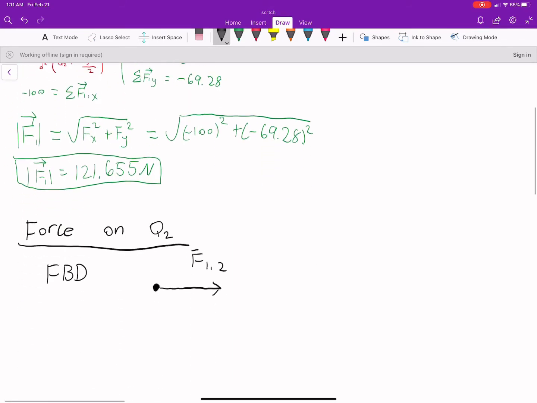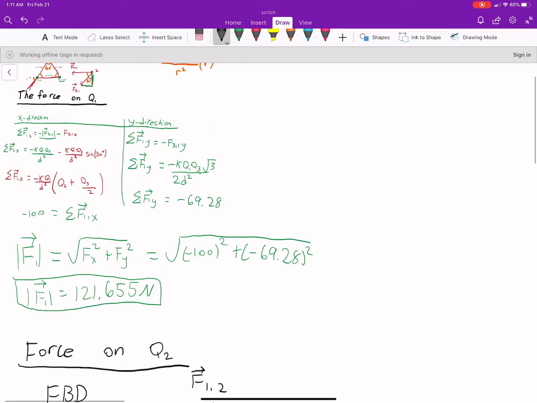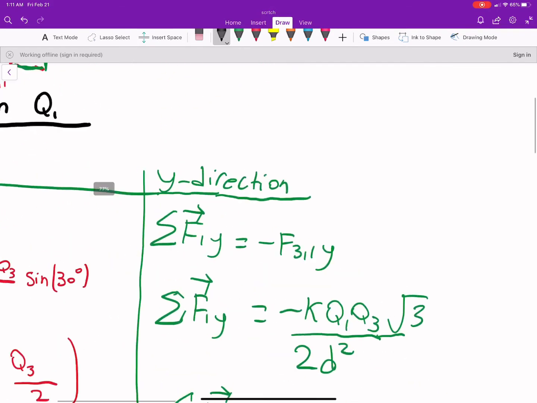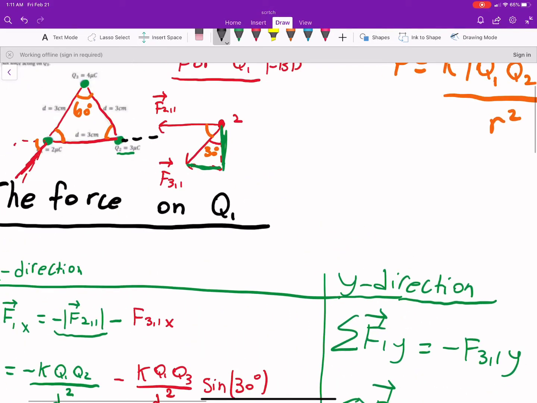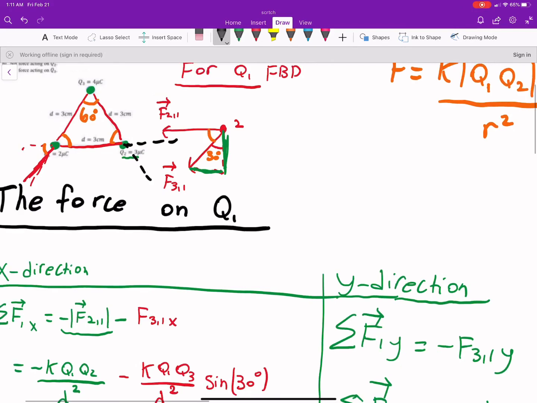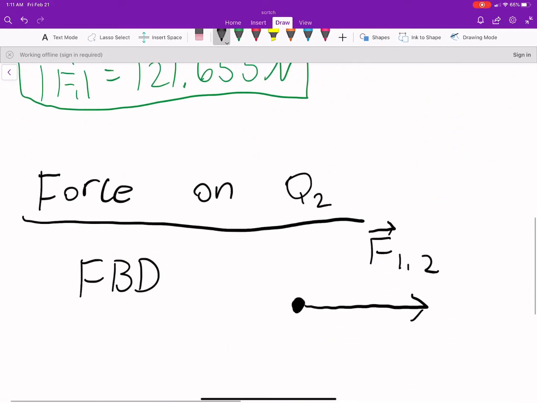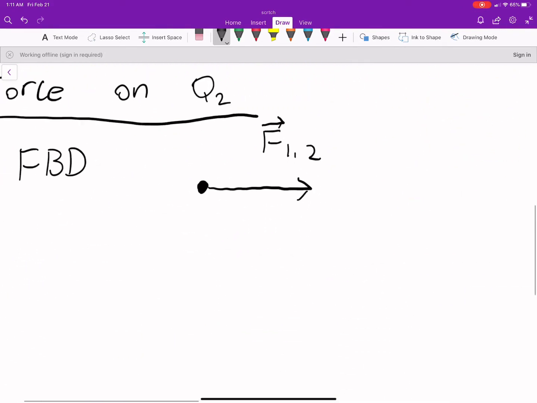So that's this part, and also this. And this is the force of 3 onto 2.